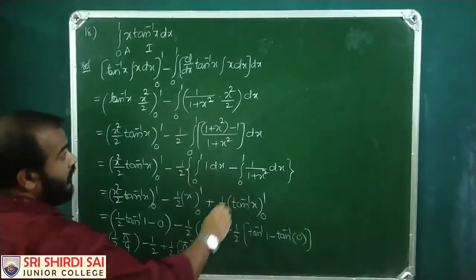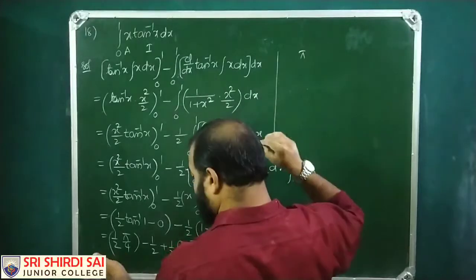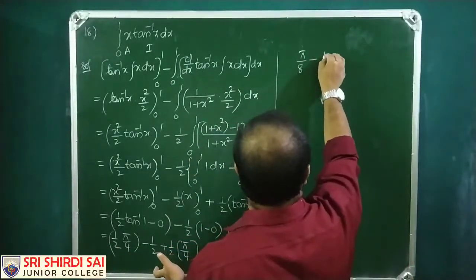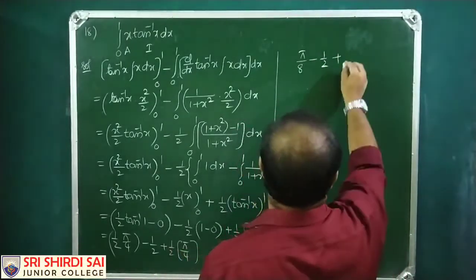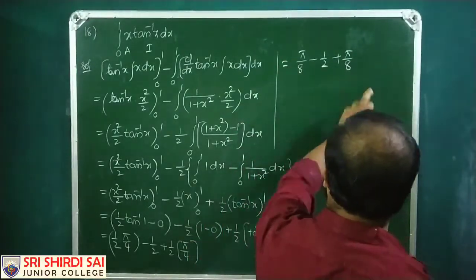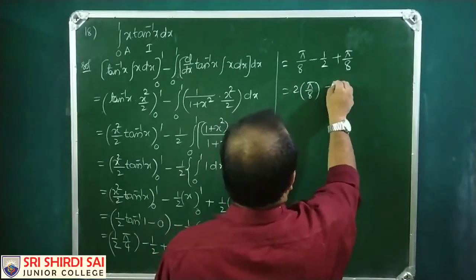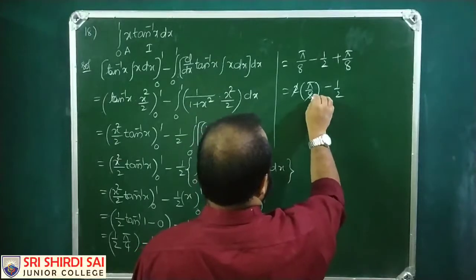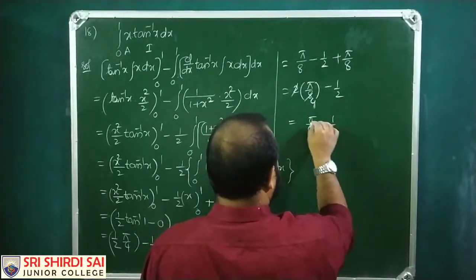So that is equals to pi by 2 4s are 8, minus 1 by 2, plus pi by 8. So that is equals to pi by 8 plus pi by 8, 2 pi by 8, minus 1 by 2. So this will be cancelled in 4 times. So pi by 4 minus 1 by 2.